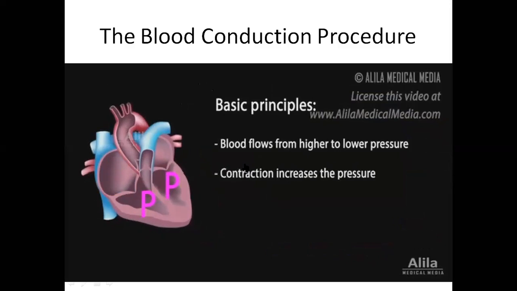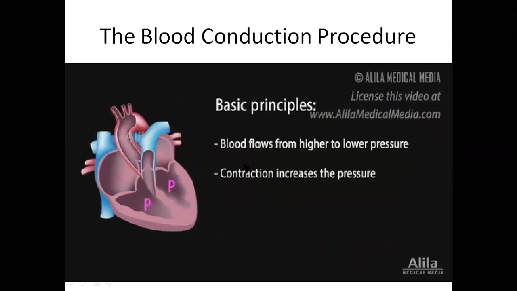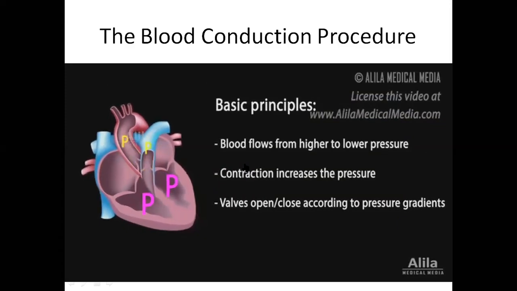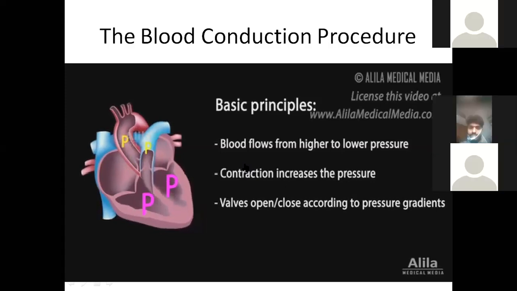Contraction increases the pressure within a chamber, while relaxation lowers the pressure. AV valves open when atrial pressures are higher than ventricular pressures and close when the pressure gradient is reversed. Similarly, semilunar valves open when ventricular pressures are higher than aortic and pulmonary pressures and close when the reverse is true.